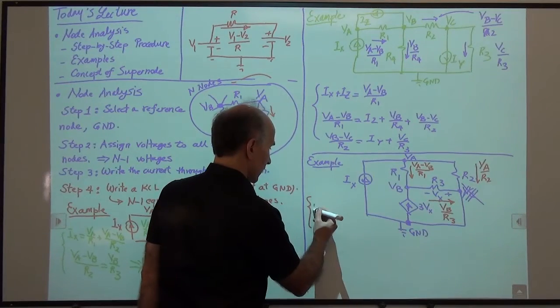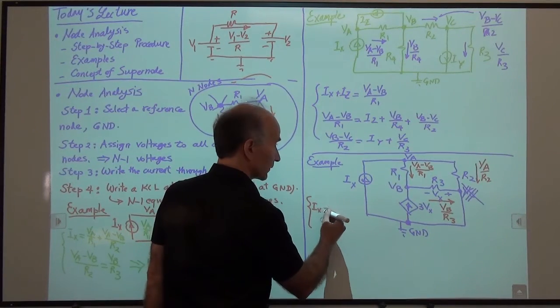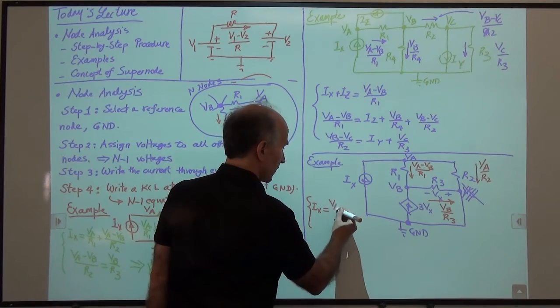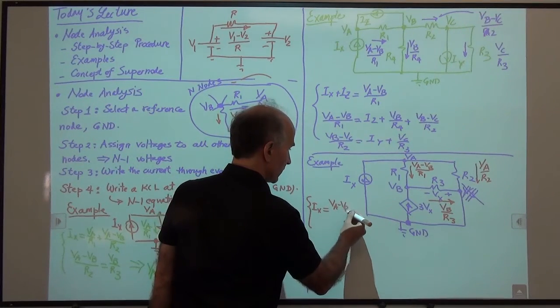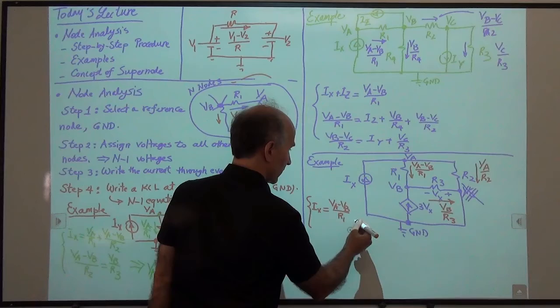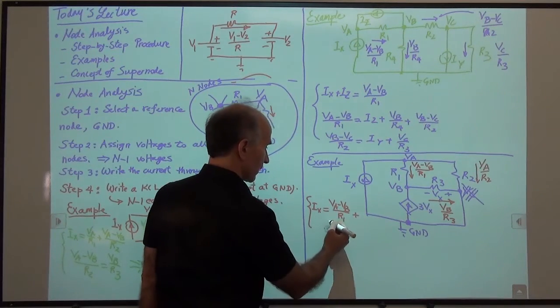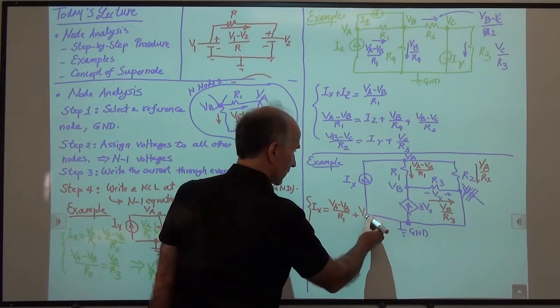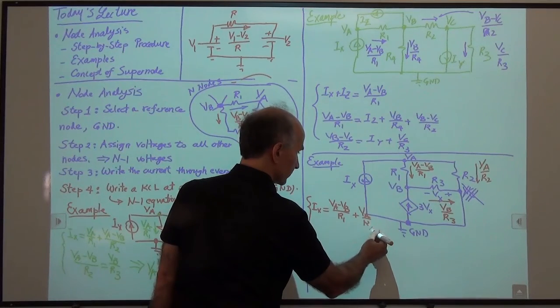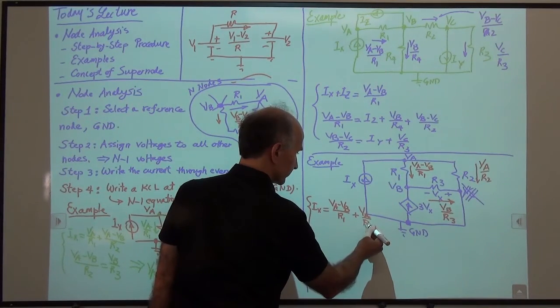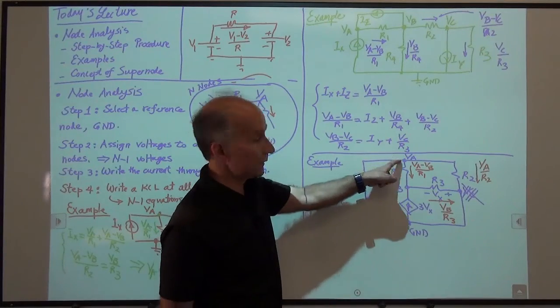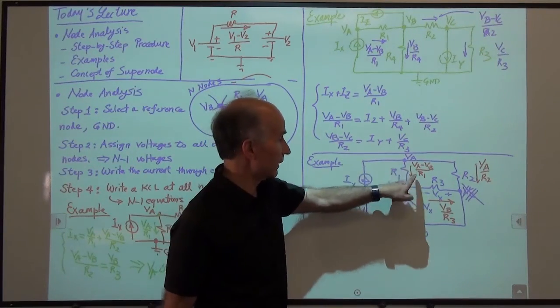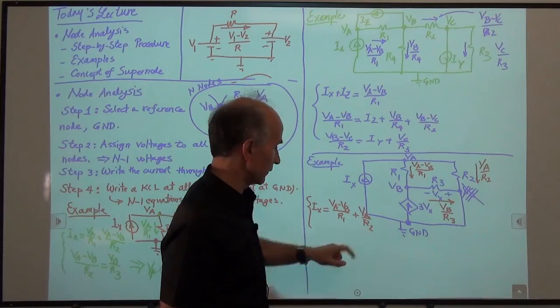So we say Ix is equal to VA minus VB over R1 plus VA over R2. So this current coming in is equal to this current plus this current.